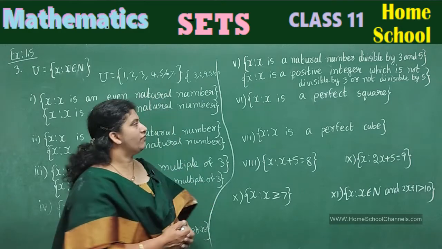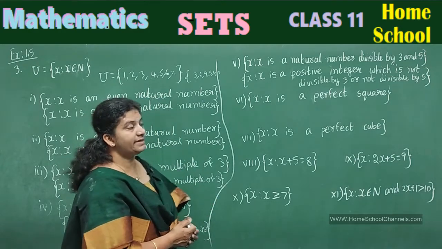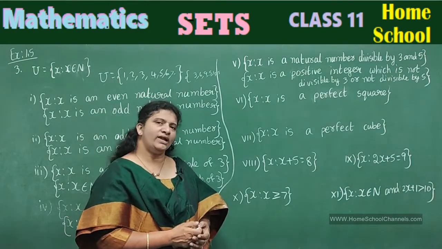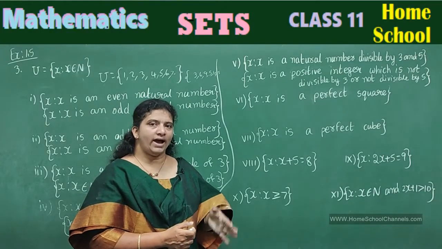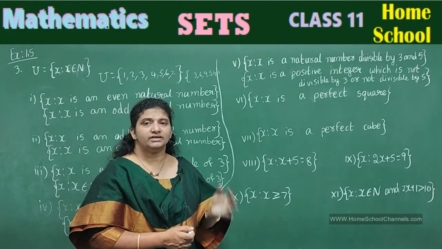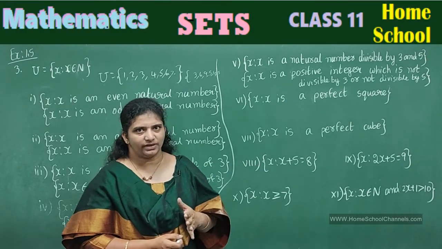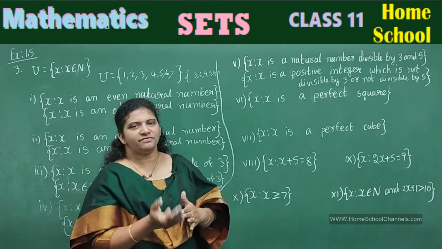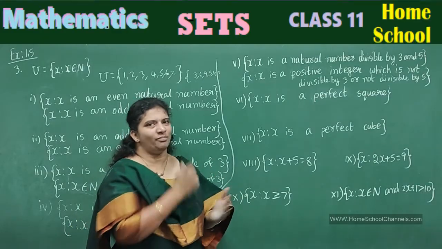Sixth one, set of all x such that x is a perfect square. What are perfect squares? 1, 4, 9, 16, 25, 36. These are all perfect squares. Other than the perfect squares, we need to write the complement.